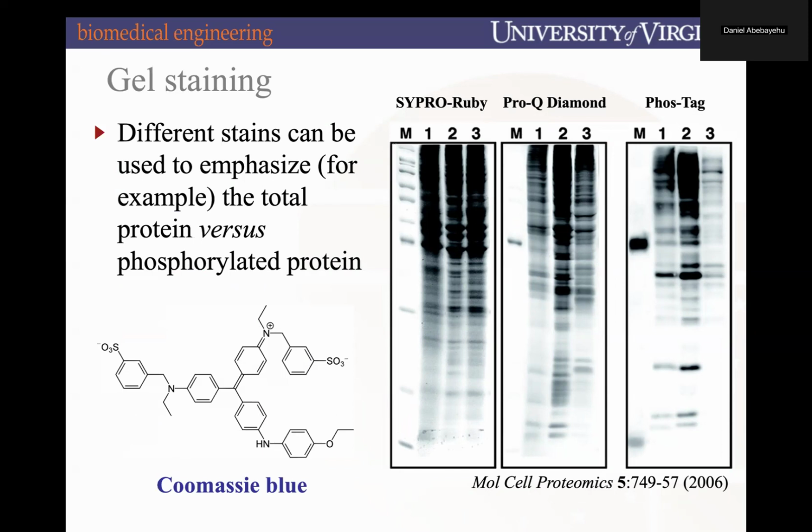For example, one is a stain called Sypro Ruby, where you can see where all the proteins are, given a specific protein ladder here in this first lane, where we know exactly what these molecular weights are. We can just stain for all the protein content and see what the total protein content is.